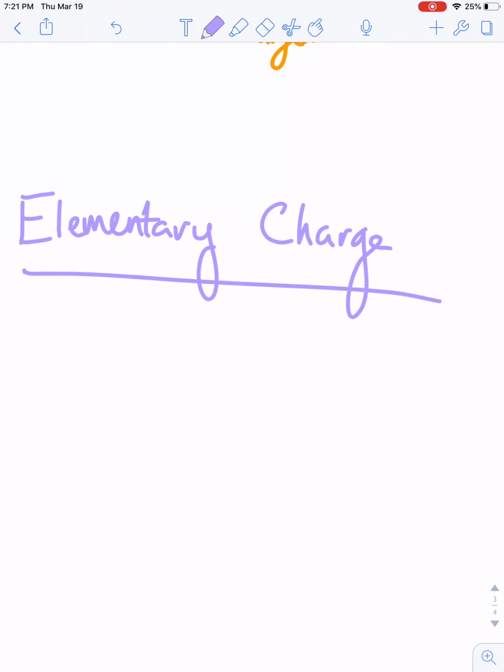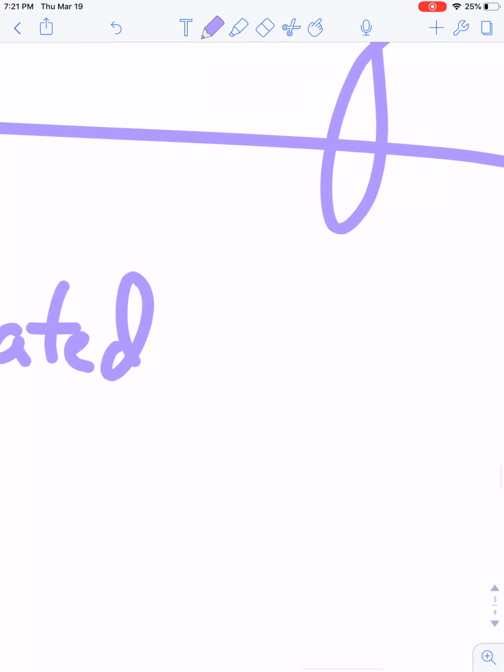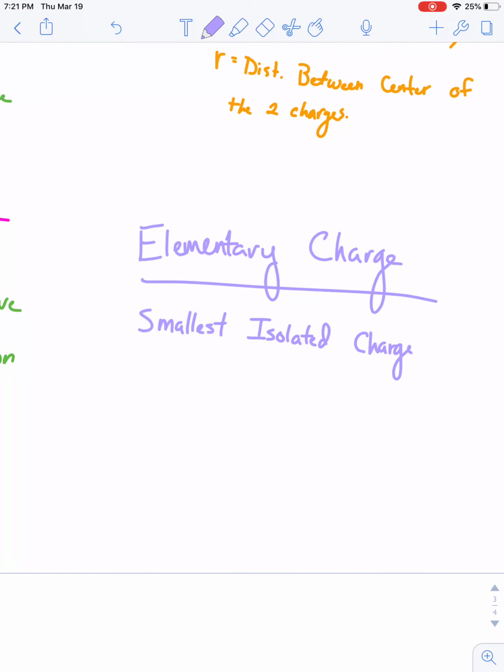The elementary charge is the smallest isolated charge. Sorry if I zoom in and it bothers you. I just have better handwriting when I zoom in. So the elementary charge is going to be the smallest isolated charge.